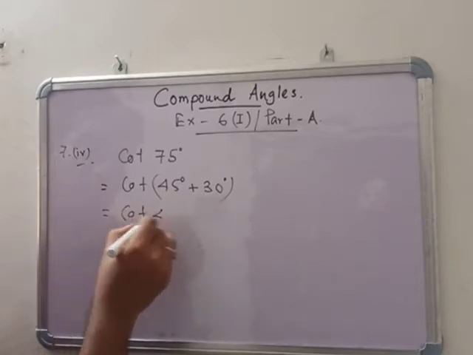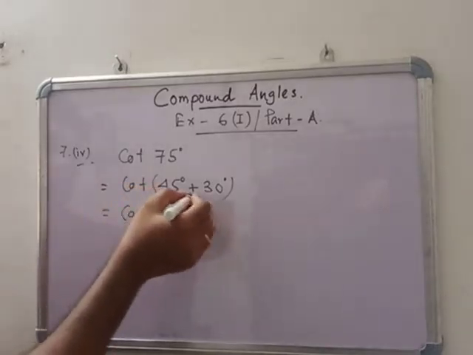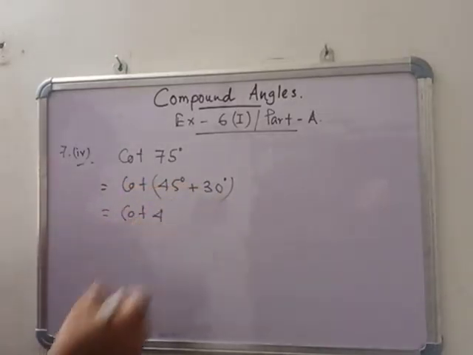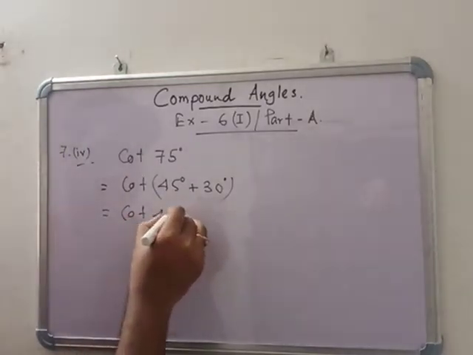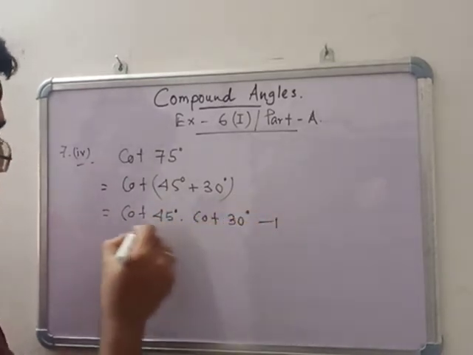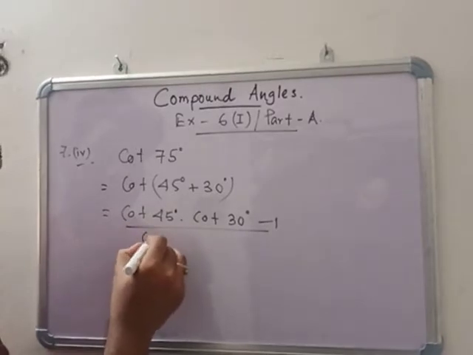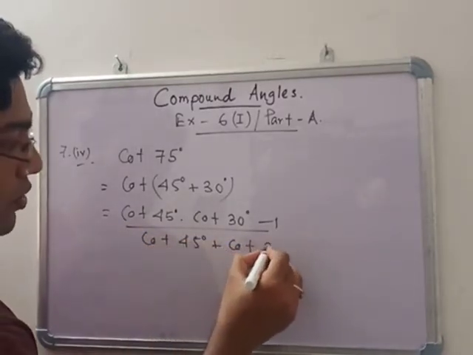We don't know the normal formula directly, so we use cot (A plus B), which is cot A cot B minus 1 by cot A plus cot B. That means cot 45 degree into cot 30 degree minus 1 by cot 45 degree plus cot 30 degree.